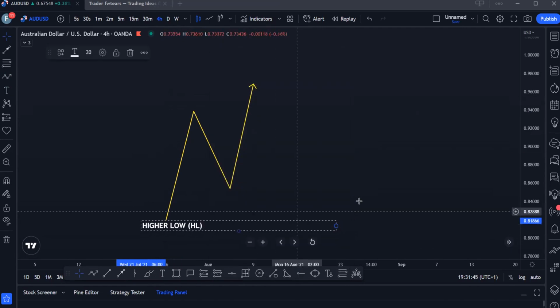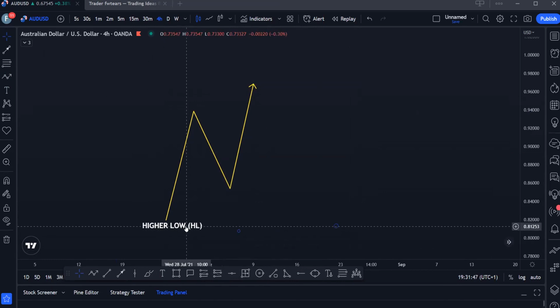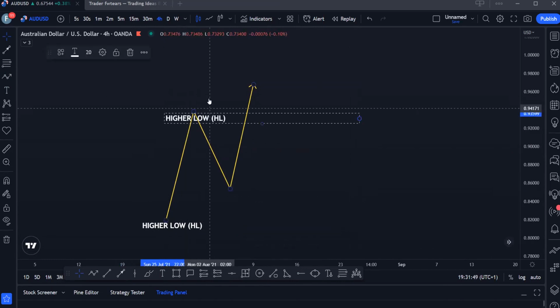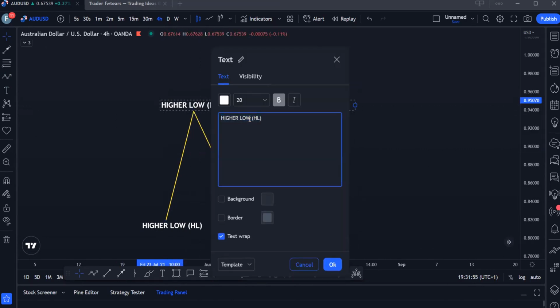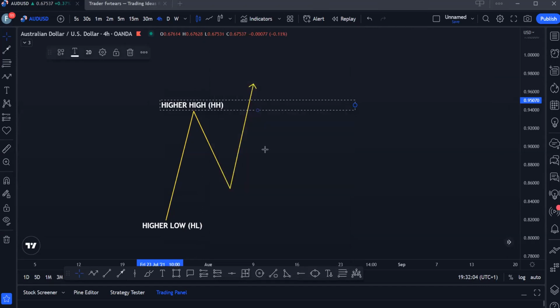Okay. And then the second is this one at the top here. The end of that first impulse move is called the higher high. Please write this down if you are following me, or just take a screenshot. It's called a higher high.